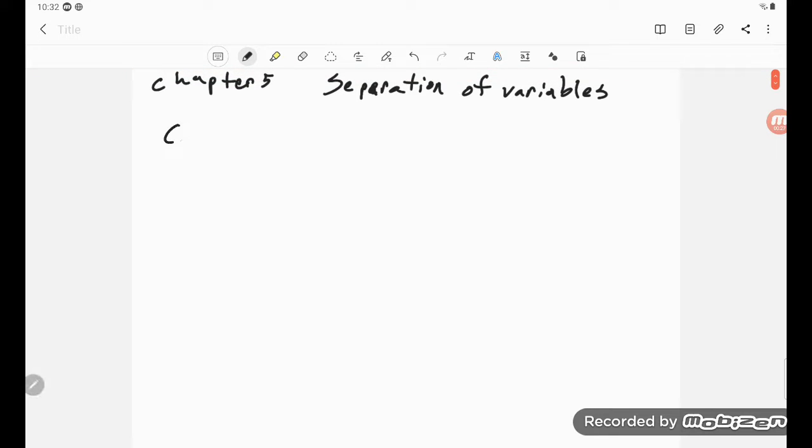In Calculus 1, in the differential equations chapter, it solves the problem of, say, f prime equals k times f.